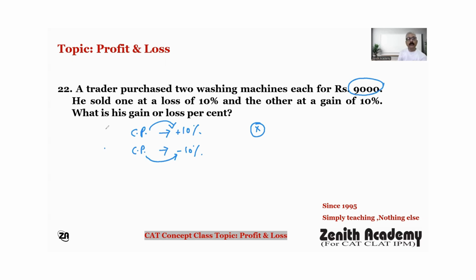Okay. दोनों की कॉस्ट प्राइस कितनी है? 9,000, 9,000. तो 9,000 का 10% कितना हुआ? 900 रुपए. 900 रुपए का प्रॉफिट हो गया. और 9,000 का 10% 900 रुपए हुआ. 900 रुपए का लॉस हो गया. तो ओवरऑल क्या हुआ? 900 माइनस 900 नलीफाई हो गया. सो इट इज नो लॉस नो प्रॉफिट. सो यू हैव टू रिमेंबर इट. If the cost price is same and in one case getting profit and another case getting loss and the magnitude of loss percentage and profit percentage is same, then overall there is no loss, no profit.